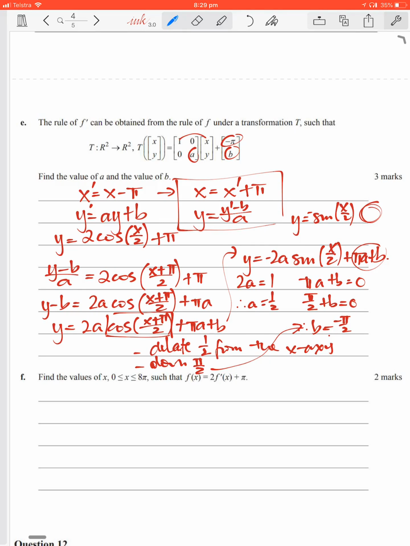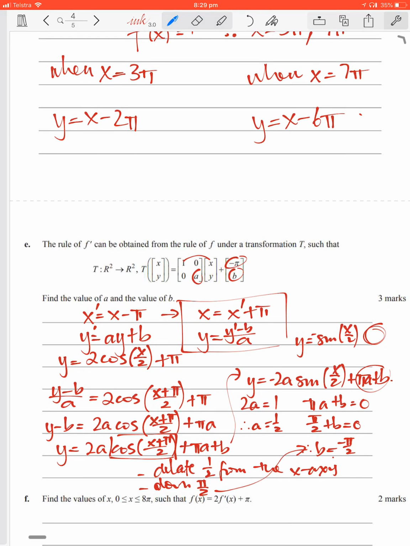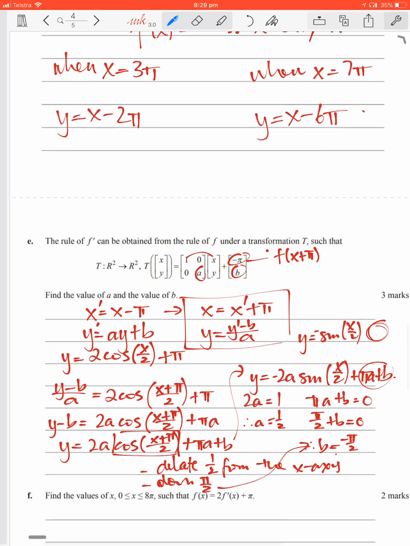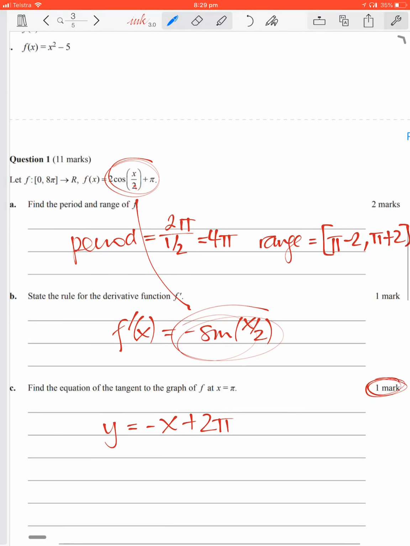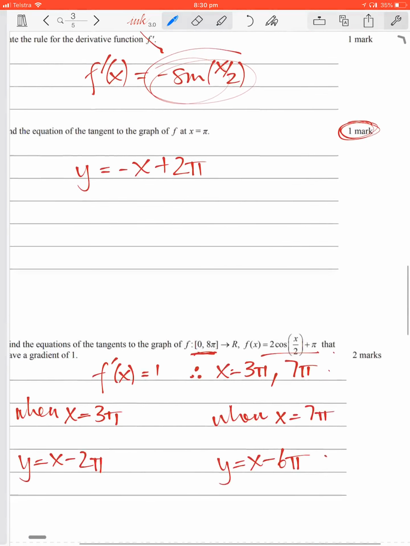So if we did that to this graph, if we translate it, that's f of, because it's minus pi, that's going to move it to the left, so that'll be x plus pi. If we put a half out the front, and then move it down pi on 2, that would bring the original graph.